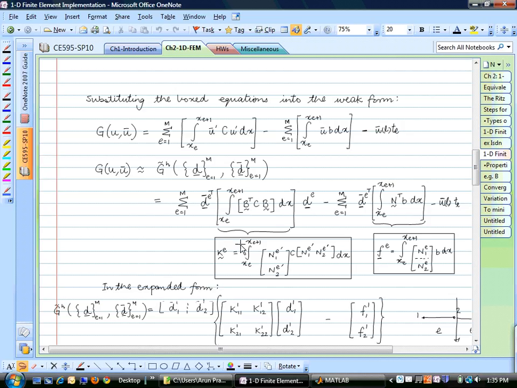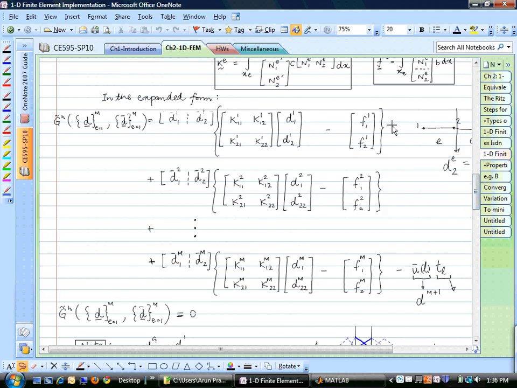And once you have this element stiffness matrix, this is also the same thing that you have to code up, by the way, in your homework 3. This boxed formula and this boxed formula, how you want to do the integral is up to you. So this is the element stiffness matrix. This will be a 2 cross 2, and this is the load vector. This will be a 2 cross 1.